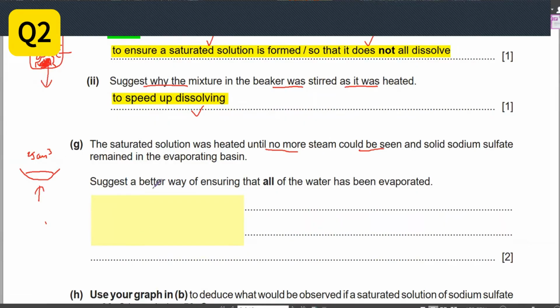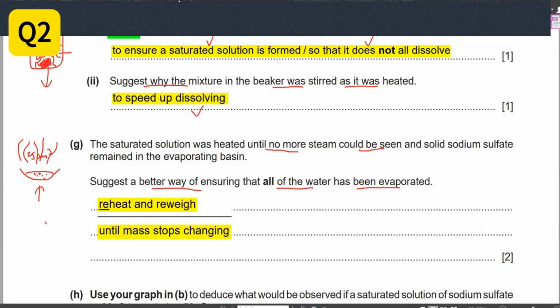Suggest a better way of ensuring all of the water has been evaporated. Now we check visually whether any more steam is produced, but that is not that accurate. So we may still have some water remaining in the solid. The better way to do this will be to reheat and reweigh.